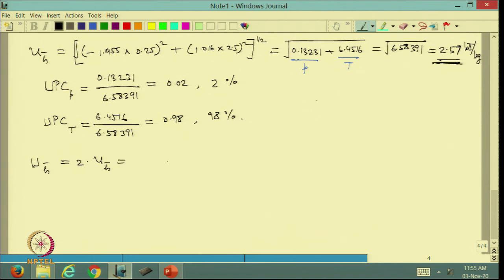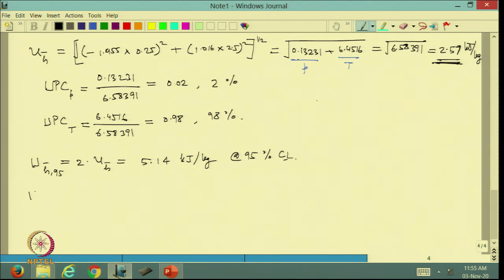We multiply that, and this becomes 5.14 kilojoules per kg at 95% confidence level.